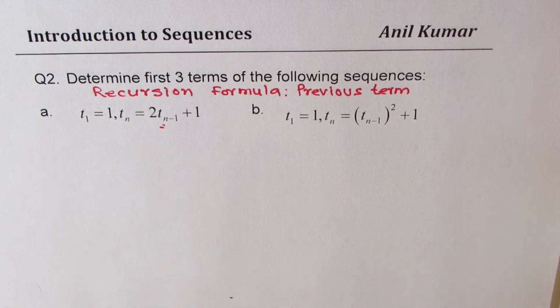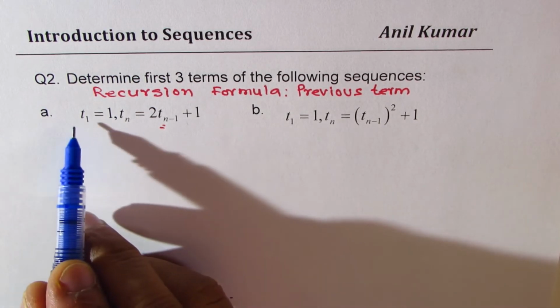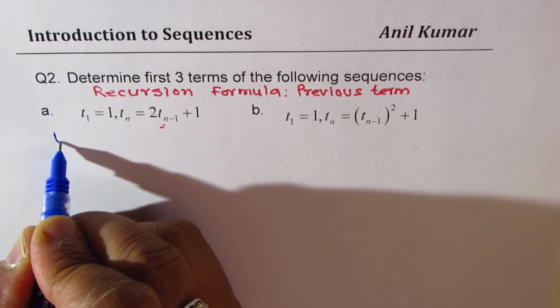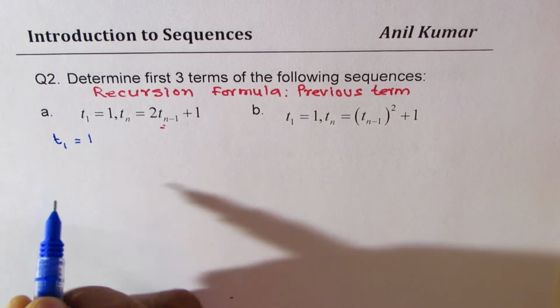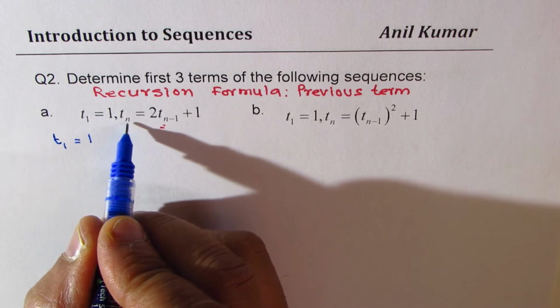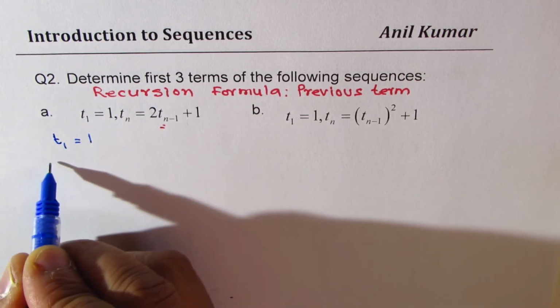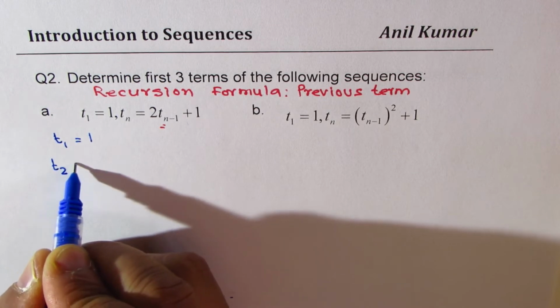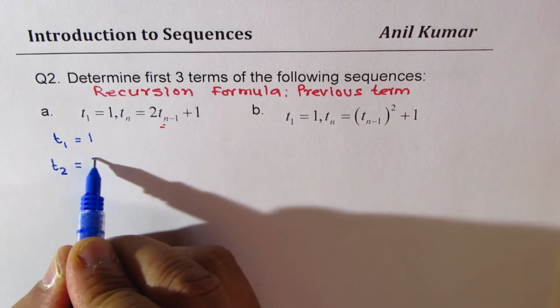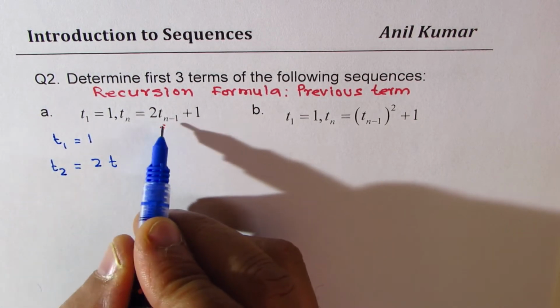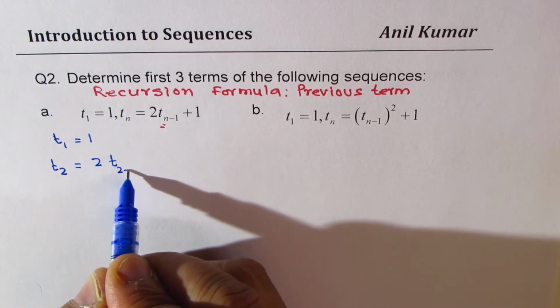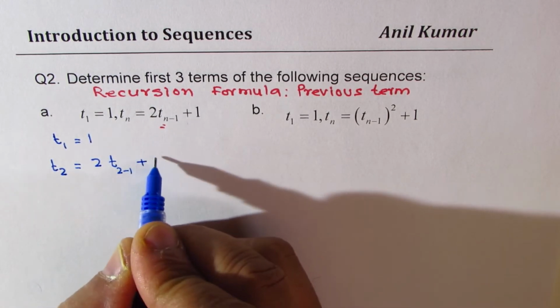Now let's try to build this sequence. We are given t1 = 1, so let's write t1 = 1. For n = 1 we are given a value. If n = 2, then t2 = 2 times t_(n-1) plus 1, that is to say 2 times t_(2-1) + 1.